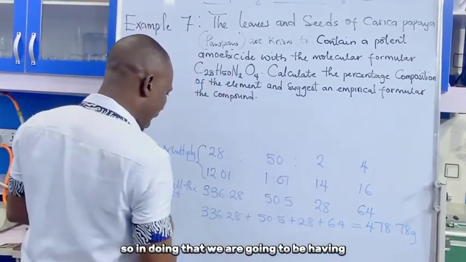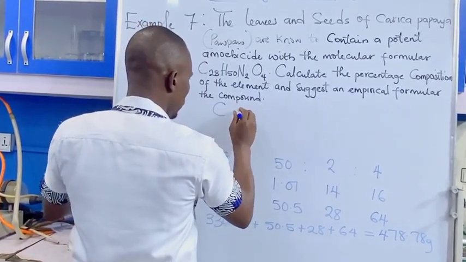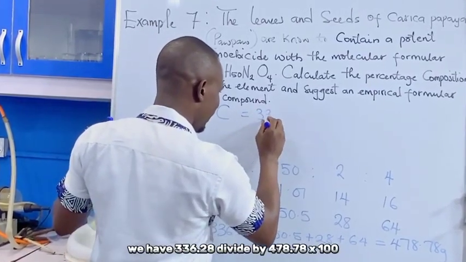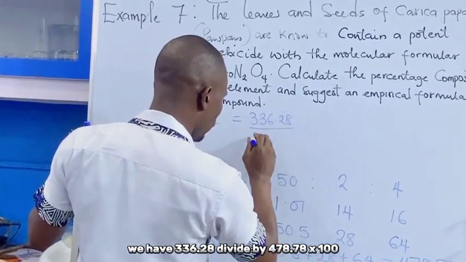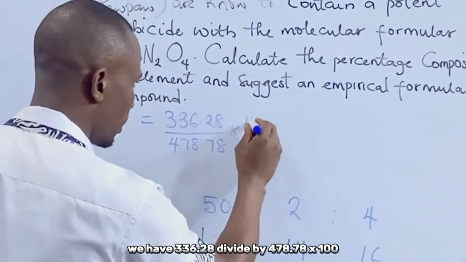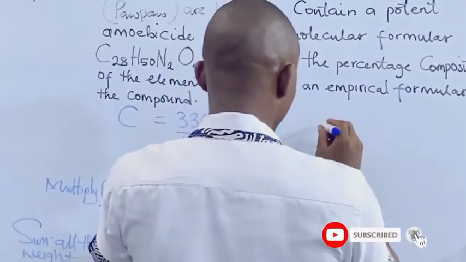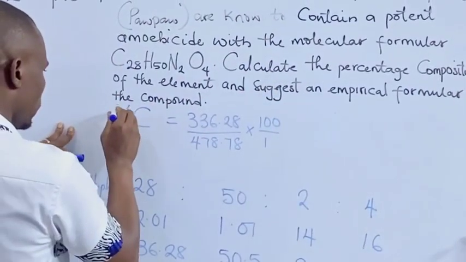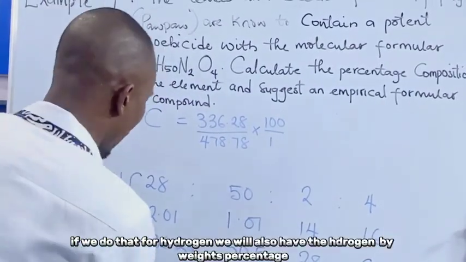So, in doing that, for carbon we have 336.28 divided by 478.78 times 100. That's the percentage composition. We'll do that for hydrogen.